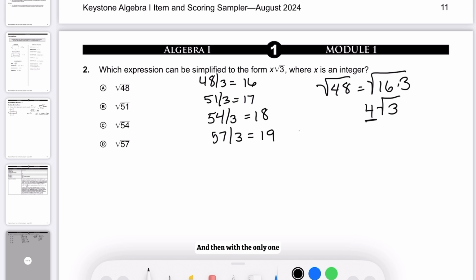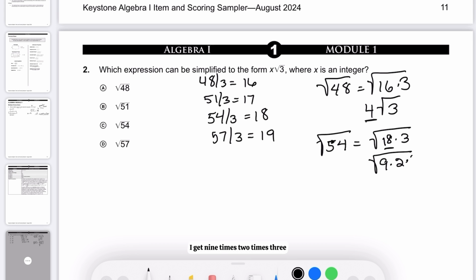And then the only one that I would maybe want to check is the square root of 54, which is the square root of, what does it say here? 18 and 3. But if I try to break up 18, I get 9 times 2 times 3. And if I do the square root of 9, it would be a 3 out here, but then there would be a 2 left here. So the only one that it could be is the first one, which is A.